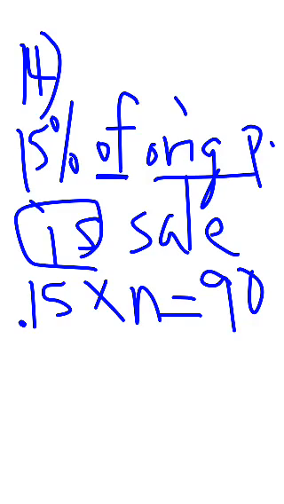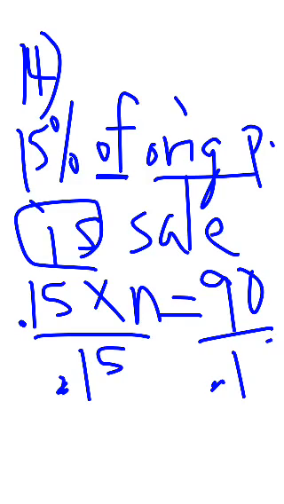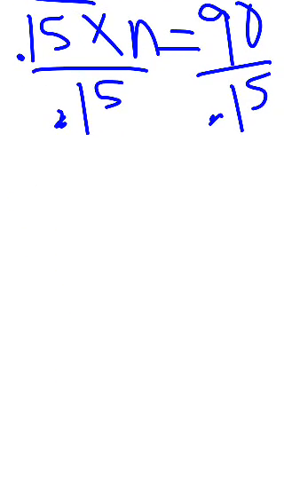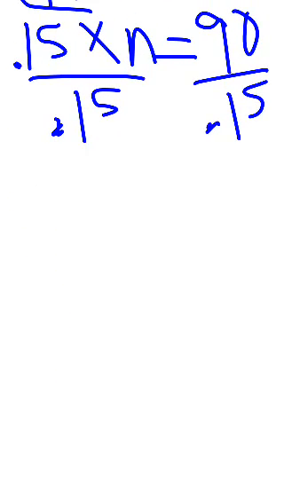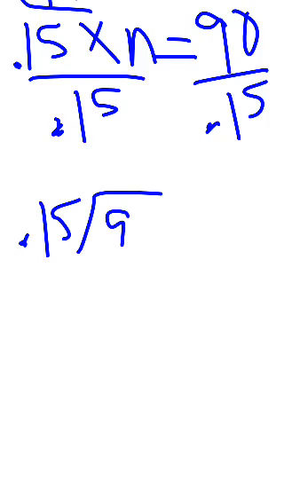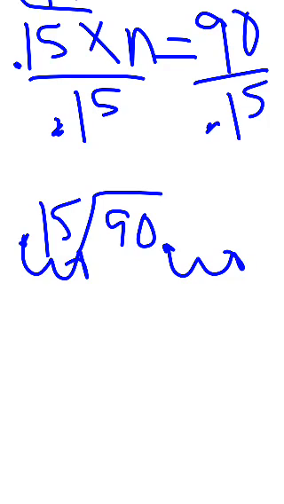Now, to solve for n, divide both sides by 0.15. So let's take 0.15 and divide it into 90. Again, move the decimal point 2 places to the right from the outside. And do the same thing with the inside decimal.